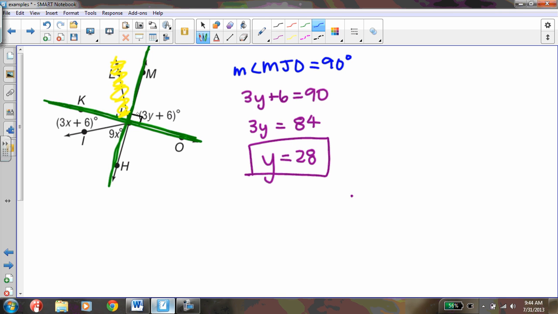My vertical angles are MJO and KJH. Since MJO and KJH are vertical angles, that means they are congruent. Since these angles are congruent, that means that their measures must be equal.